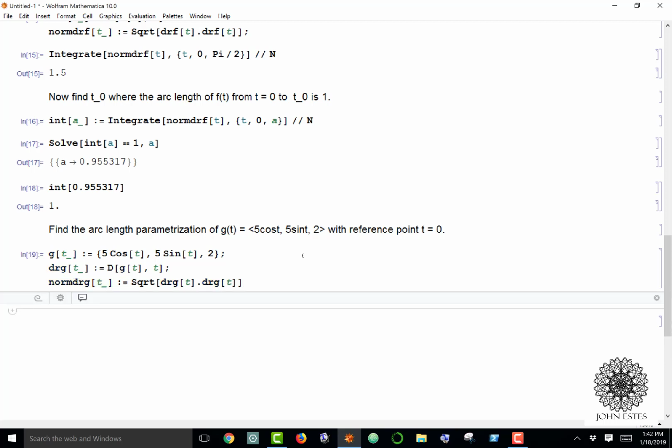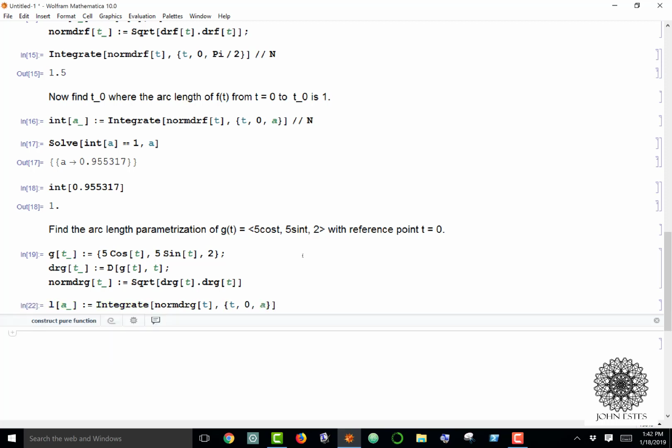Now I'm going to define a length function, just like I did. So I'm going to call this length of a, or L of a, is my integral formula, my integrate norm dot drg of t, t going from 0 to a.